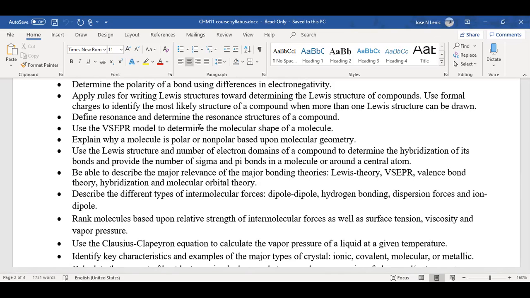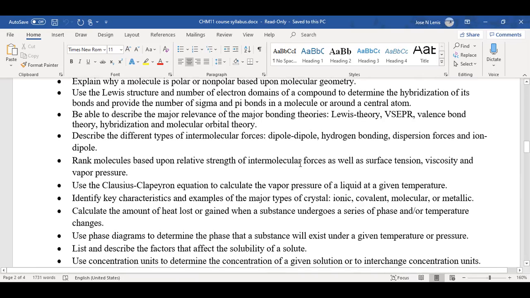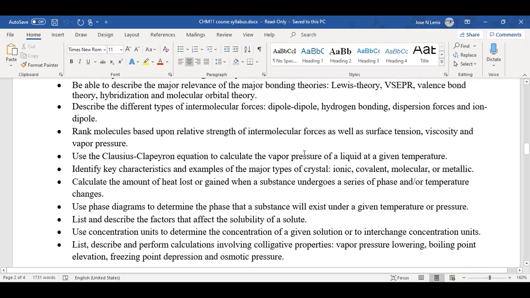And also we have chemical bonding 2, where we discuss more advanced theories of chemical bonding, and we are going to talk about molecular geometry, polarity and other very important properties of compounds, types of compounds, and different theories: the Lewis theory, the VSEPR theory, the valence bond theory, hybridization, and molecular orbital theory. That will be covered in chemical bonding 2.